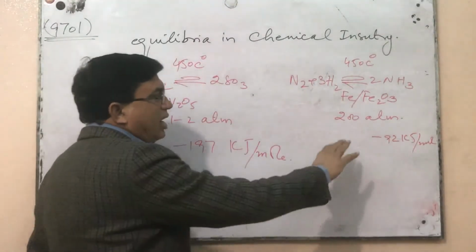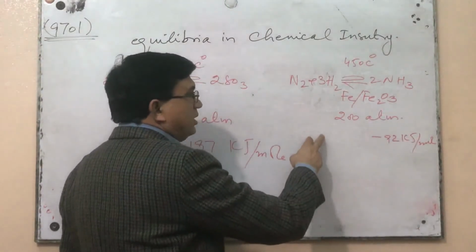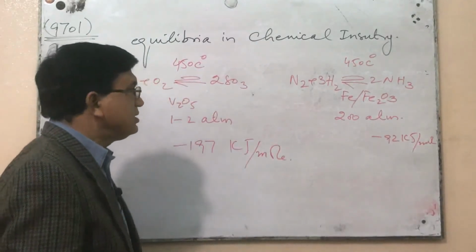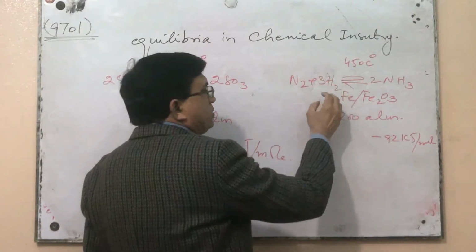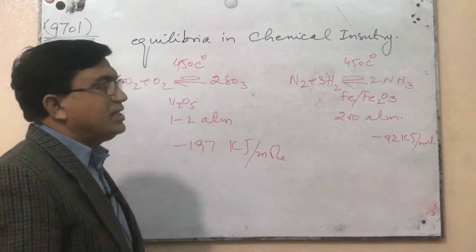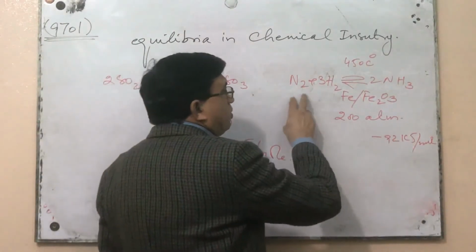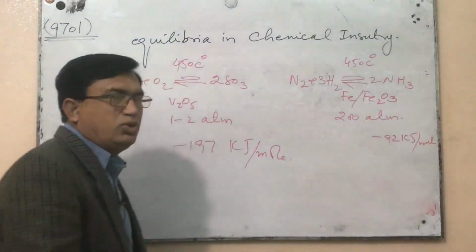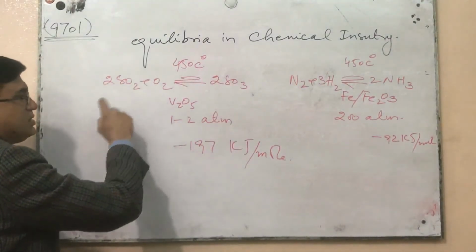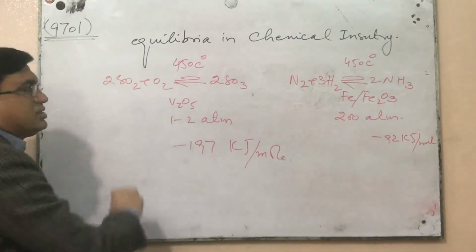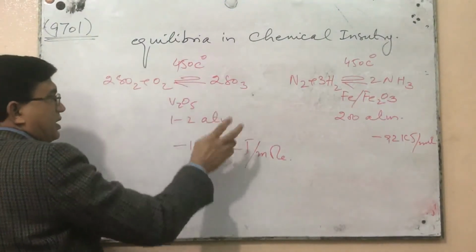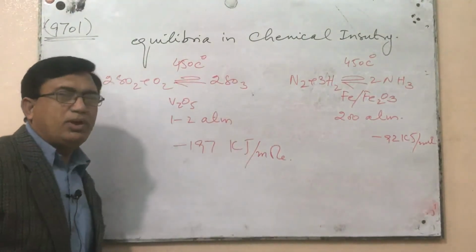To maintain high pressure is a very costly process, and this high pressure is applied because hydrogen is a very light gas, and we have to apply pressure to make collisions of both these gases possible, so that both of these gases react together to produce ammonia. That's why we use high pressure. But in the case of oxidation of sulfur dioxide, as both the gases are heavier gases, they remain very close to each other. Their number of collisions will also be increased, so only 1 to 2 atmospheric pressure is sufficient.